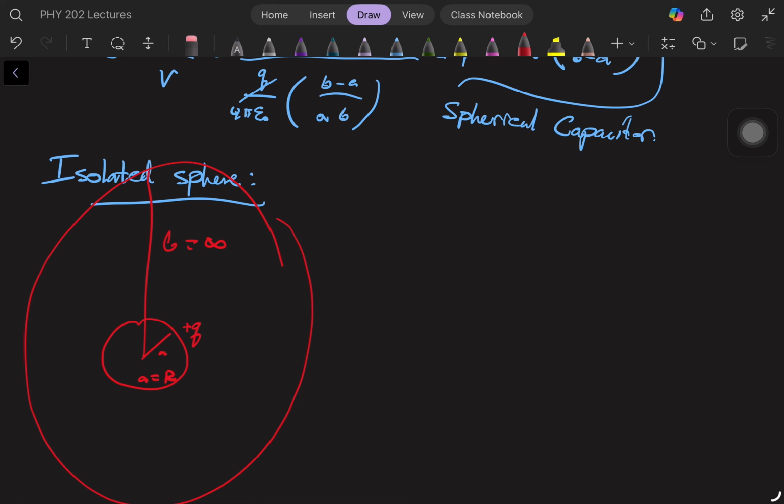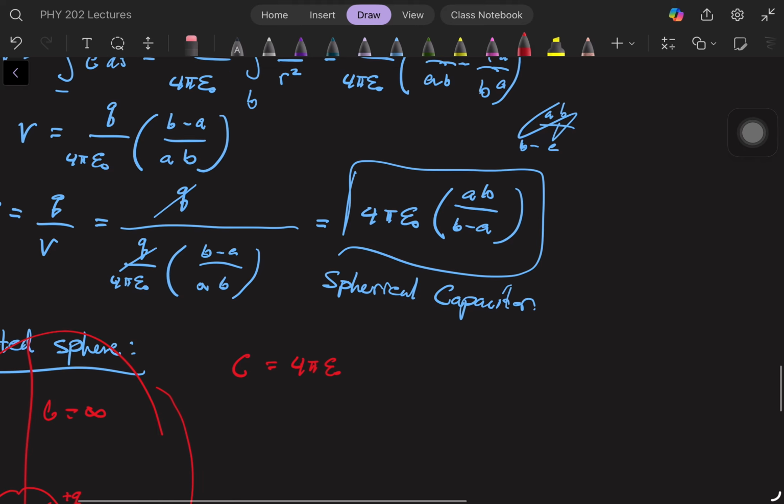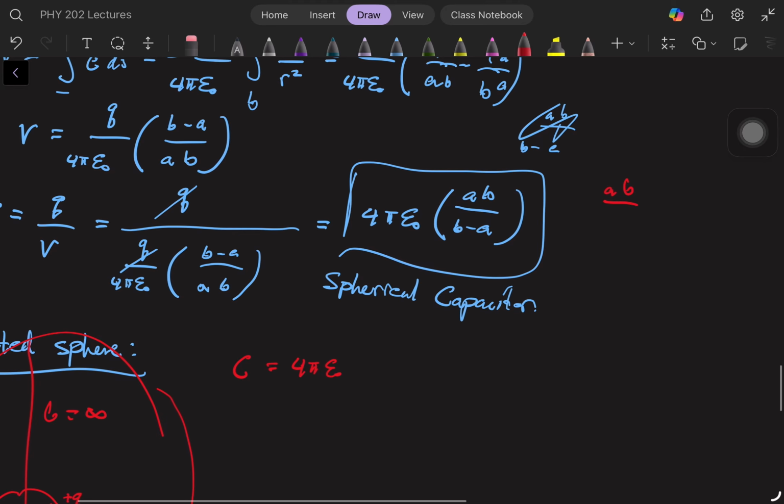And so if we start with C is equal to 4 pi epsilon naught, we are going to clean this up a little bit. So we can say AB over B minus A. If we divide everything by B, we get A over 1 minus A over B.